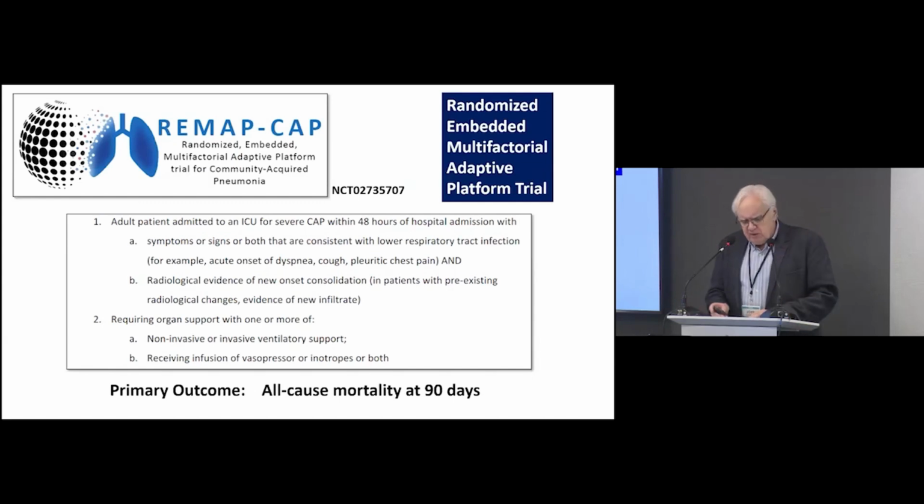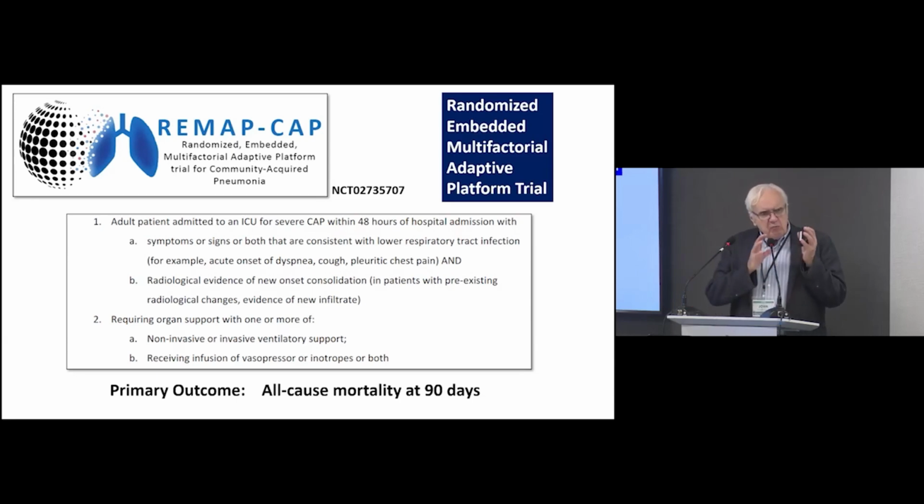Okay, so I'm going to use as an example the REMAP-CAP clinical trial. REMAP-CAP stands for Randomized Embedded Multifactorial Adaptive Platform Trial in Community-Acquired Pneumonia. This was a trial that was imagined after the H1N1 pandemic in 2009, because we realized that you couldn't launch a trial during a pandemic and expect to recruit an adequate number of patients.